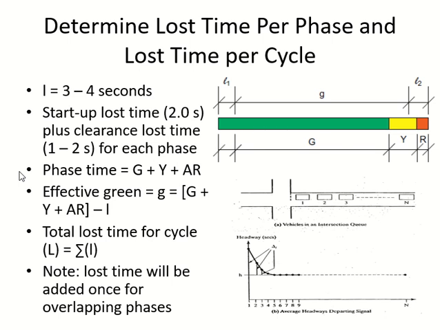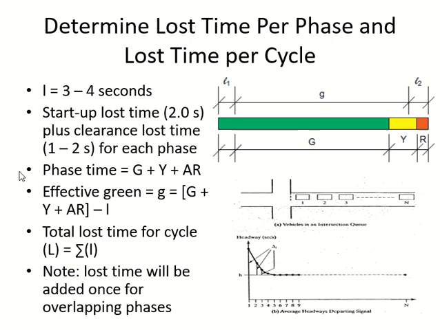The next one will be faster, and the next one will be faster. When the cars are getting faster, their headway is getting less. They're coming close to each other now. But the first 3-4 cars took some extra time. This extra time is also lost time.